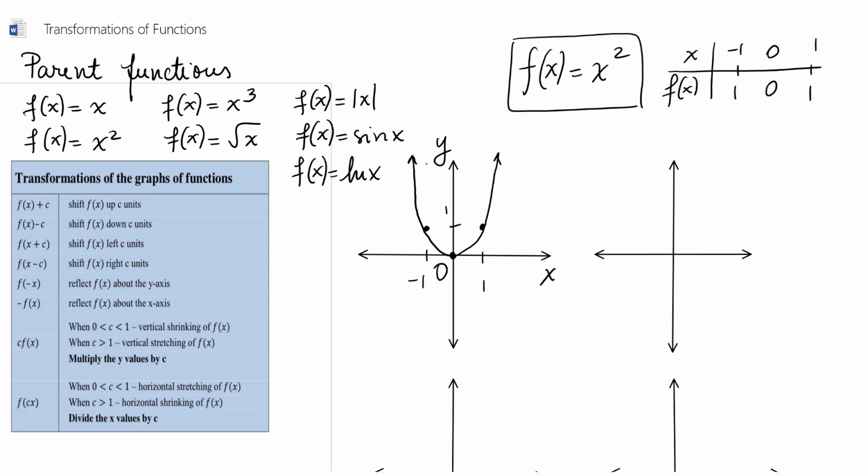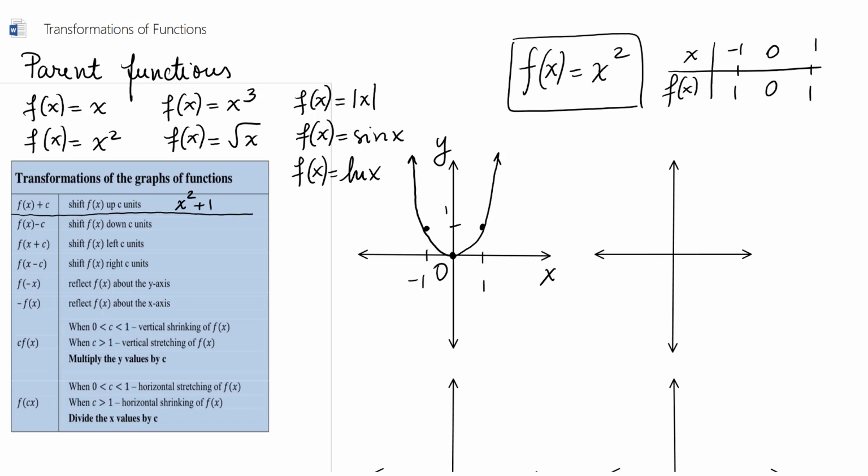Now look what happens. We can have this type of transformation, f of x plus c. Like in our case, since we chose x squared to be our function, let's say we add a number, plus 1. What will happen to the original function is that it's going to shift entirely 1 unit up.